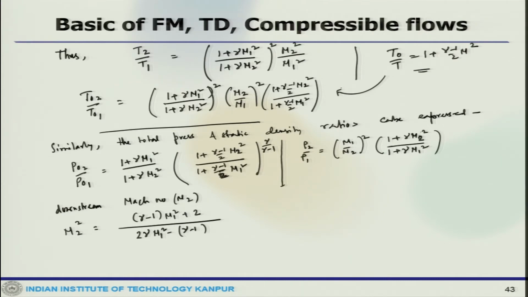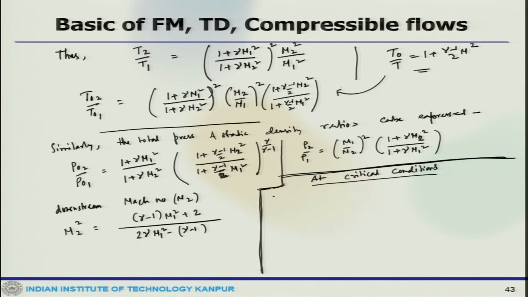Now, all this relationship can also be reduced for the critical condition. So, now at critical conditions, what we can write is that P by P star would be gamma plus 1 by 1 plus gamma m square.